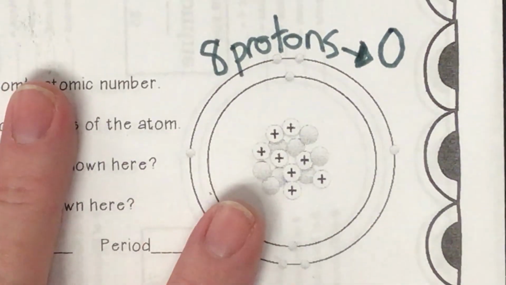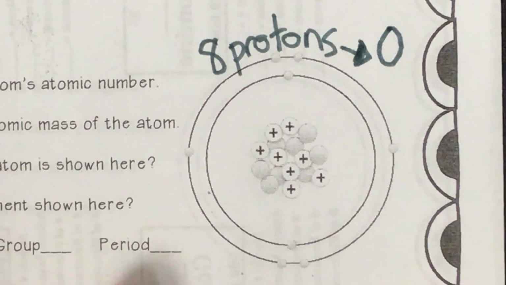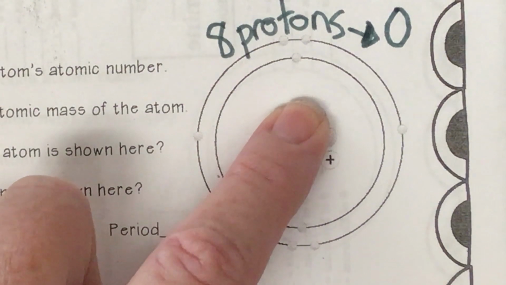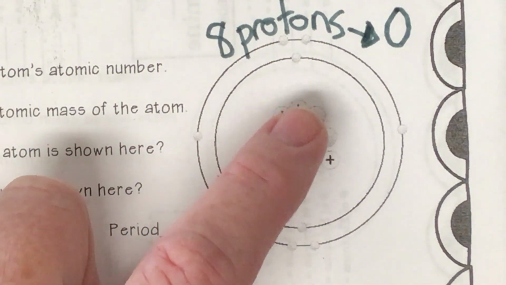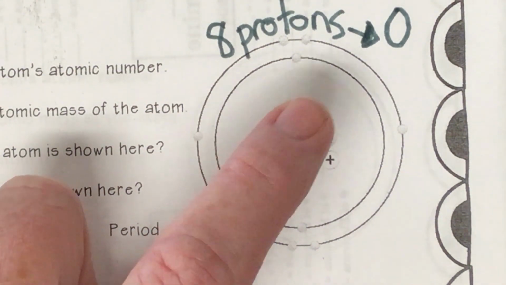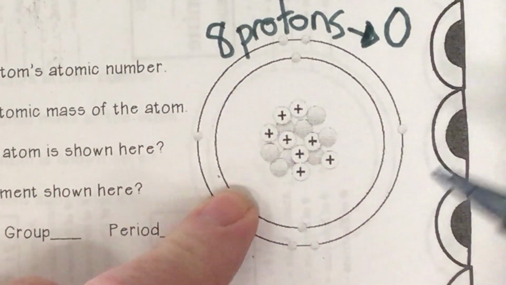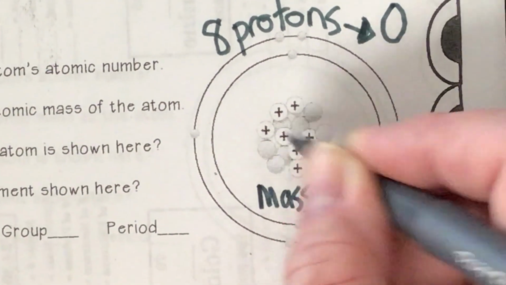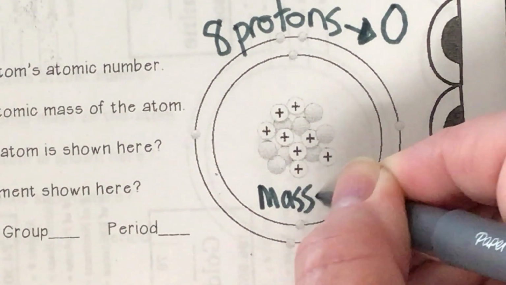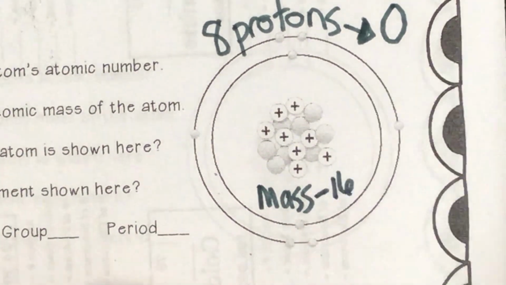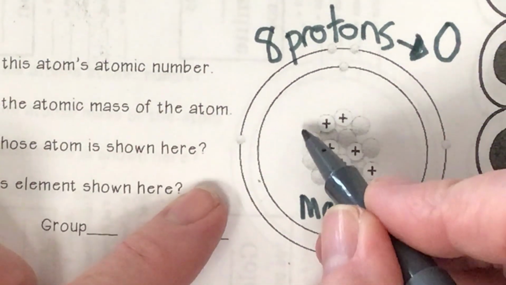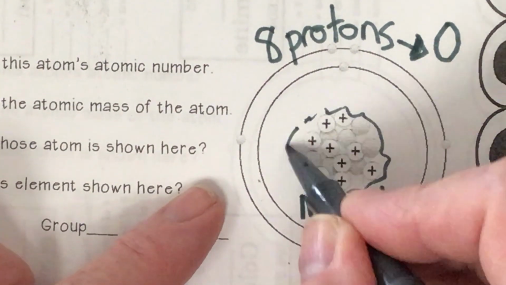The next important thing would be the mass. So what do we count for mass along with protons? Protons and neutrons. So if we added the protons and the neutrons, we should get a mass of 16. So the mass is right here in the center of this nucleus.